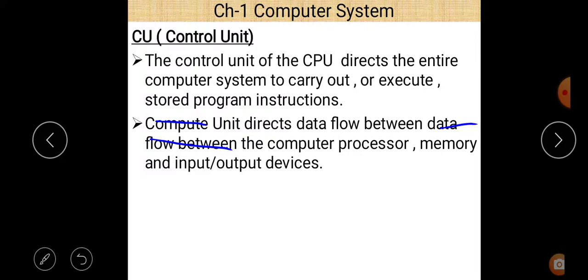It is also responsible for execution of the program, as well as sending different signals to different parts of a computer system, such as the computer processor, memory, and input output devices, and directs data flow between these parts. Overall, we can say that the control unit controls the entire operation of a computer system.